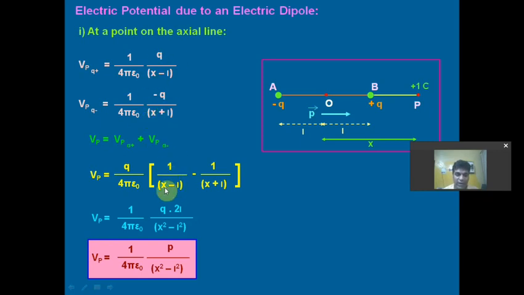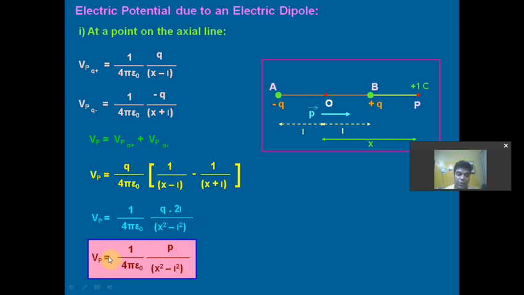By adding both these terms we get Q by 4 pi epsilon naught times 1 upon X minus L minus 1 upon X plus L. We take LCM and what we get here is 2L upon X square minus L square. So we have 1 by 4 pi epsilon naught Q into 2L, which is represented by P. P is the dipole moment.